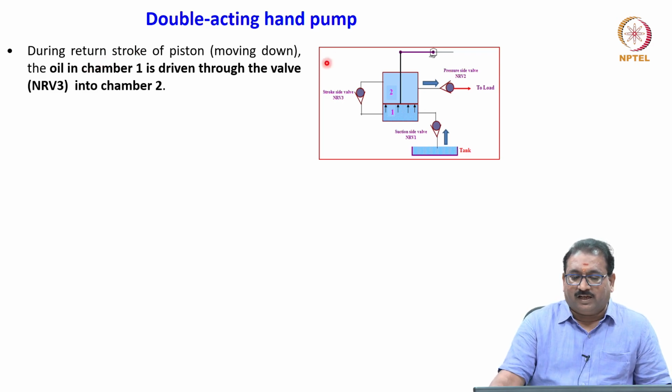Now, during the return stroke of the piston, meaning moving down, what happens? The oil in chamber 1 is driven through the NRV3. Whatever fluid is there here is driven to cylinder 2 through the NRV3.